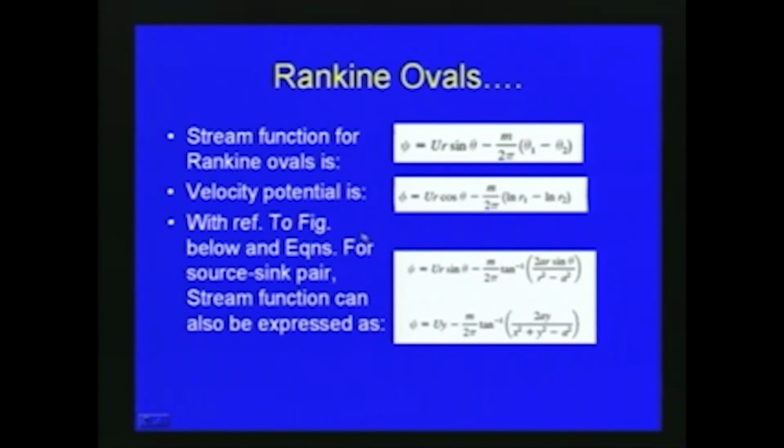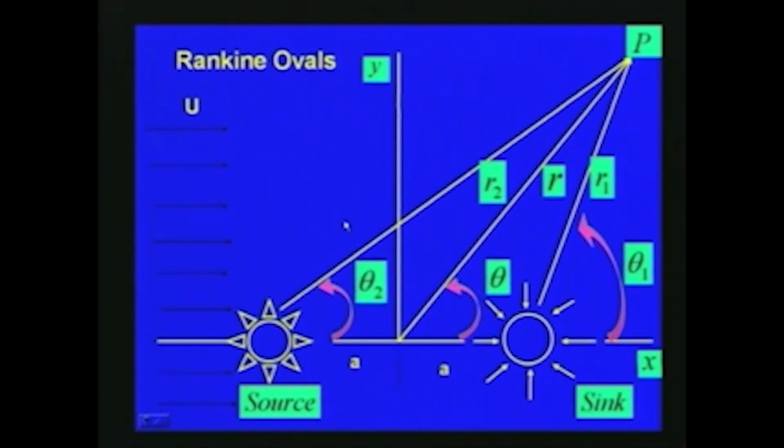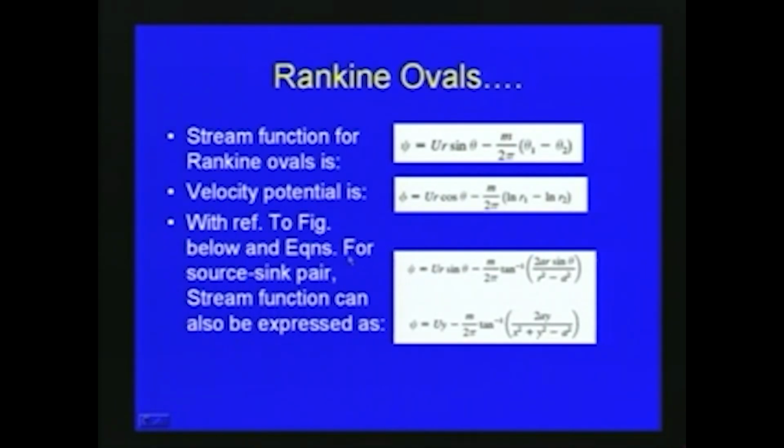So, with respect to the figure below, as I mentioned, we are combining the source and sink of equal strength with the uniform flow. So, for the source-sink pair, the stream function can also be expressed as psi equal to u r sin theta minus m by 2 pi tan inverse of 2 a r sin theta by r square minus a square.